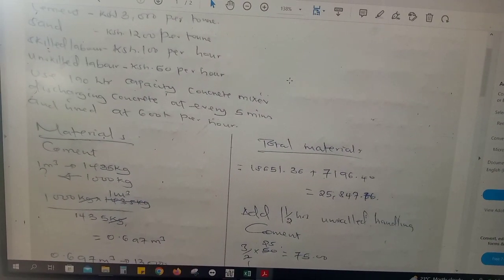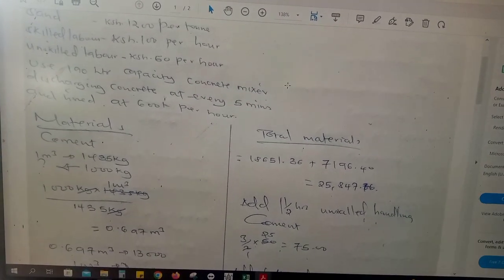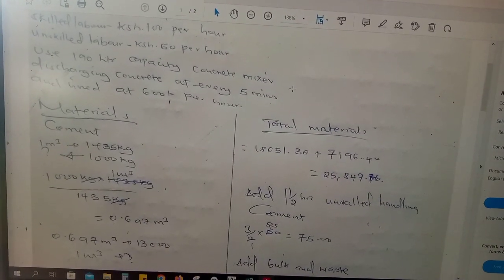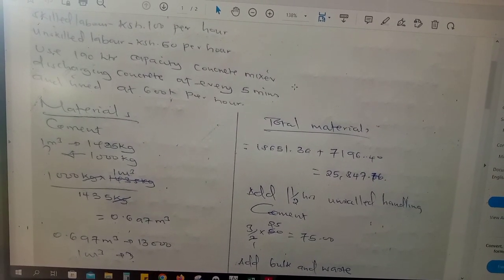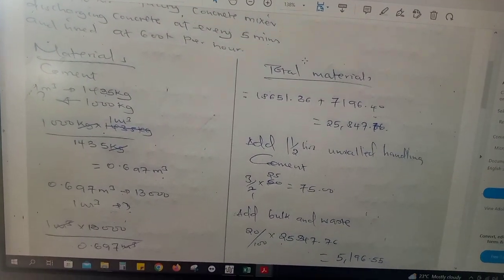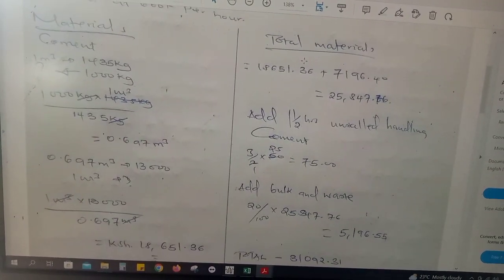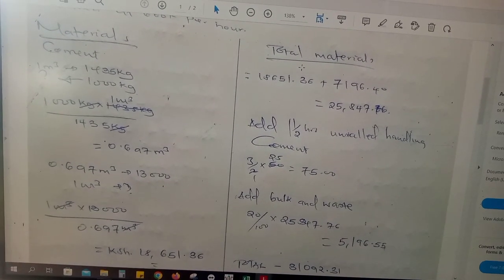So this is what you'll say: the density for cement is 1,435 kgs. Then you'll say 1 meter cube is equal to 1,435 kgs. What of 1,000 kgs? 1,000 kgs will be 0.697 cubic meter. And 1,000 kg is the same as 1 ton.